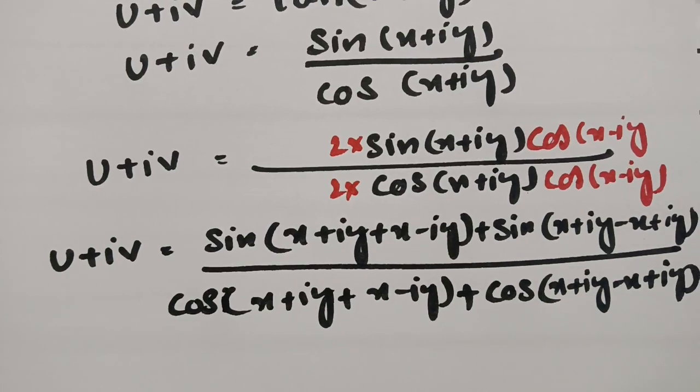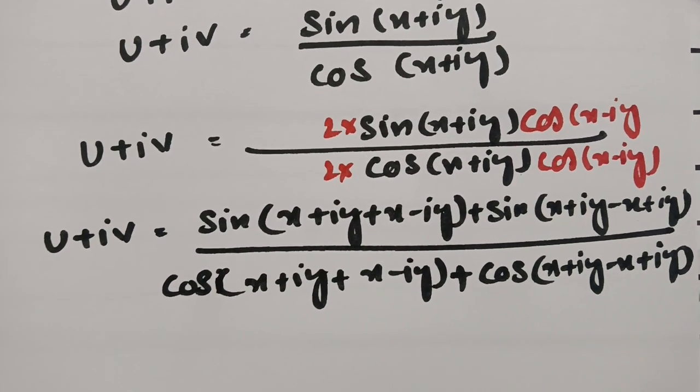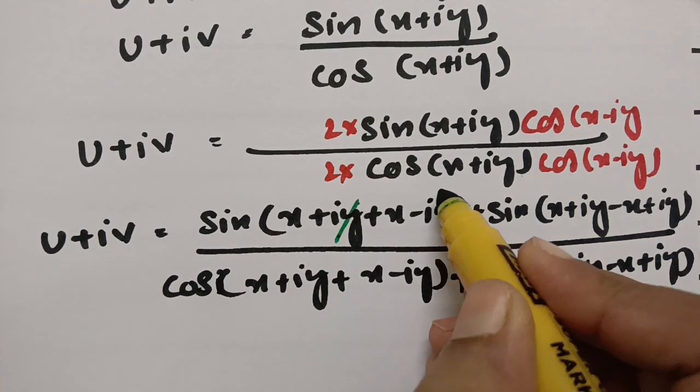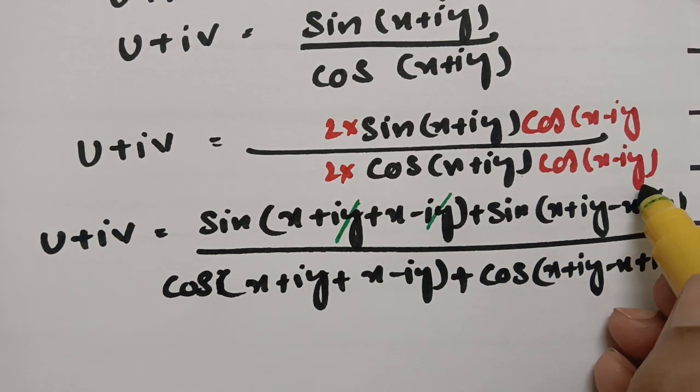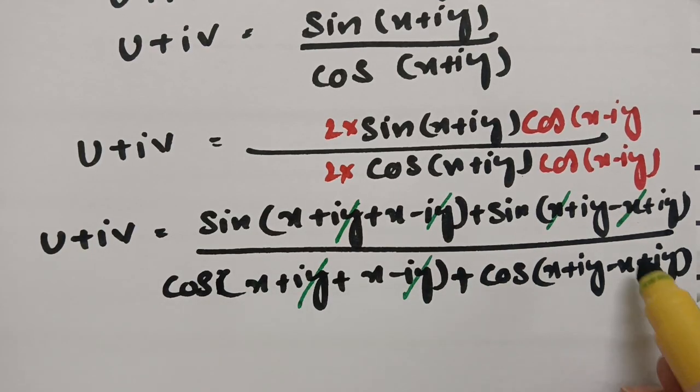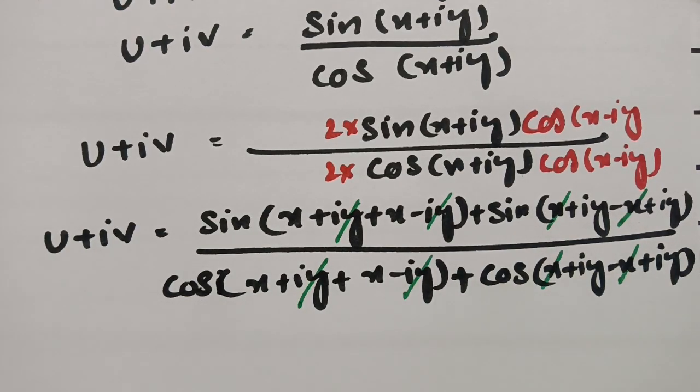Clear? If you observe this, plus iY and minus iY got cancelled, and minus X and plus X got cancelled, here also plus iY and minus iY got cancelled, minus X and plus X got cancelled.